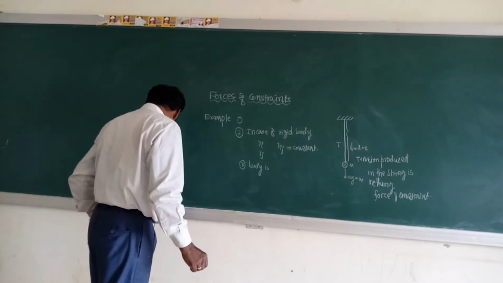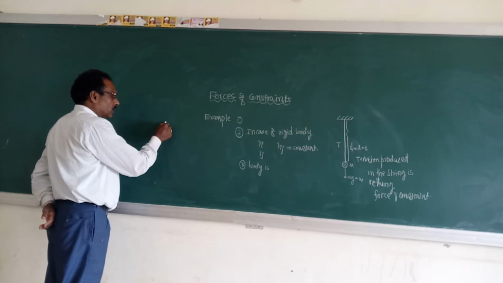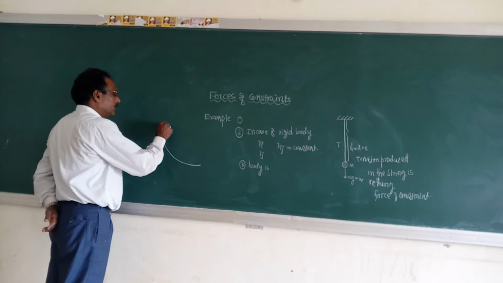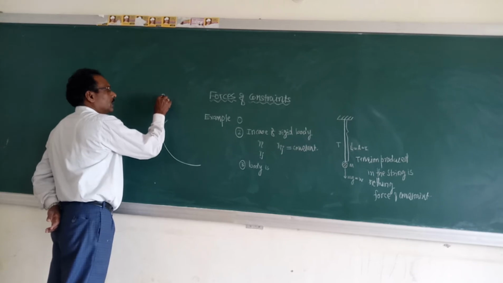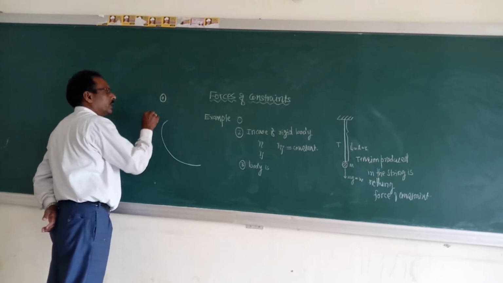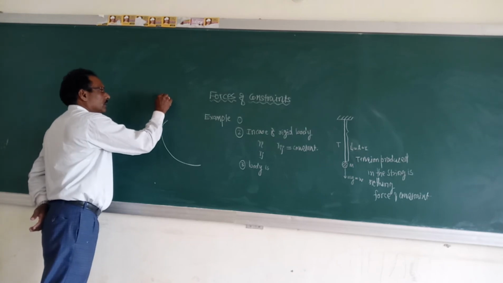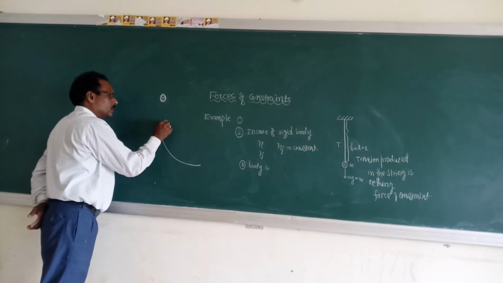I will take one more example here. Say this is a circular wire, a portion of wire, and I want to put a bead. A bead is something like this, which has a hole in it. It's a solid material, and we can put that bead here like this.